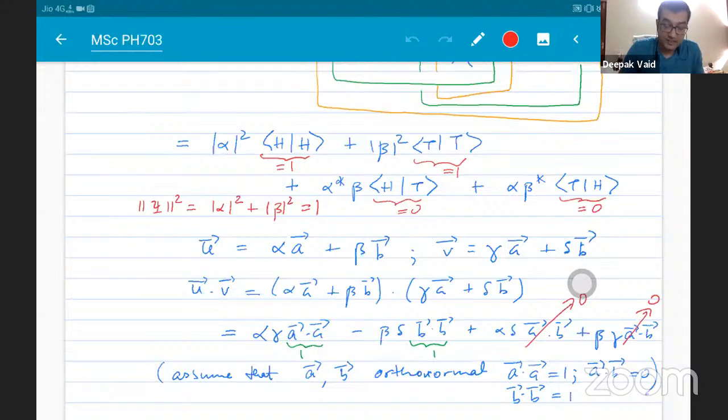The only difference is that for our complex vector spaces, the inner product is asymmetric, meaning that for a real vector space, A dot B is equal to B dot A. But for a complex vector space, the inner product of H with T is not the same as the inner product of T with H, right?